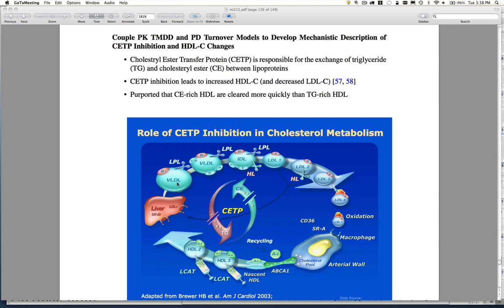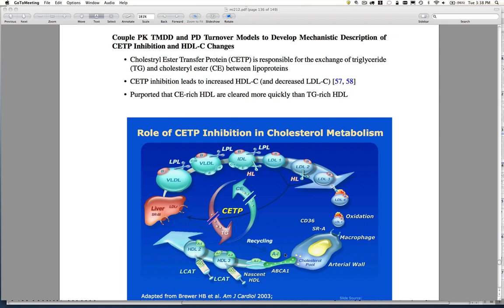So there's the very low density lipoproteins that are produced by the liver, and they end up through time exchanging these triglycerides and cholesterol esters and becoming LDL particles full of cholesterol, and they go out and they cause all the cellular damage that is associated with cardiovascular disease and various other conditions.